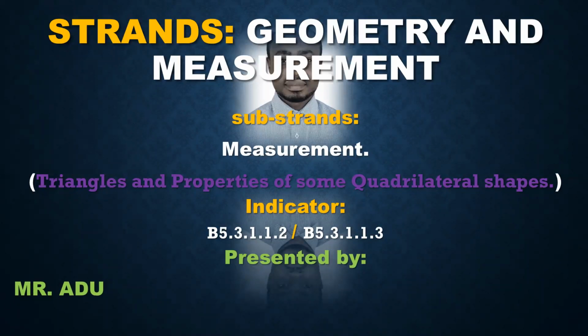Our lessons have been taken from the new curriculum of B5. Strand number 3, substrand 1, content standard 1, indicator 2, and then you continue from indicator 2 to indicator 3. So we are going to use the two indicators to talk about triangles and some properties of quadrilateral shapes.